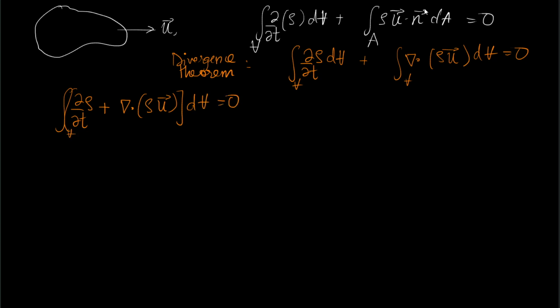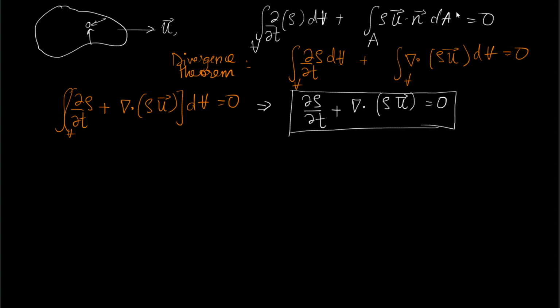And if this statement is to be true for any arbitrary control volume, then the integrand must be 0, which implies that for a differential element inside the control volume, we can shrink the control volume to whatever you want. You can shrink it to a point. So at a given point in the flow, this is the governing equation for the conservation of mass.